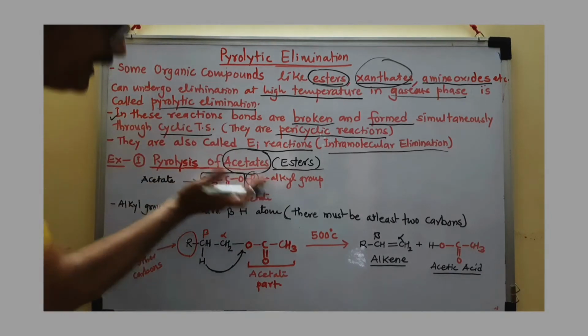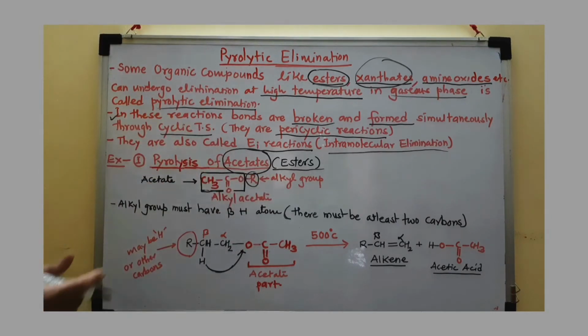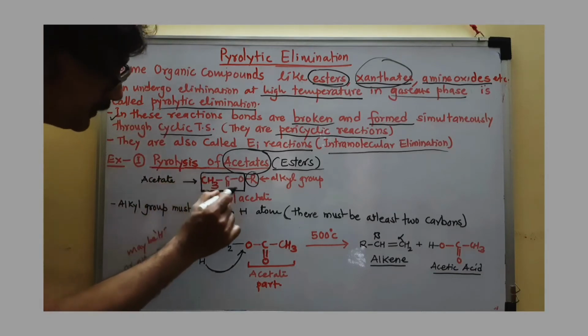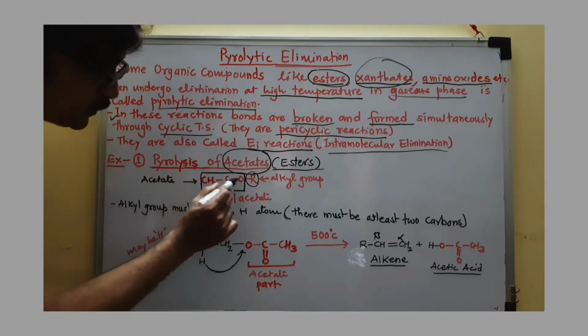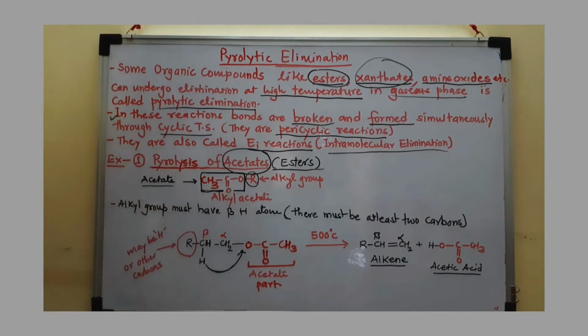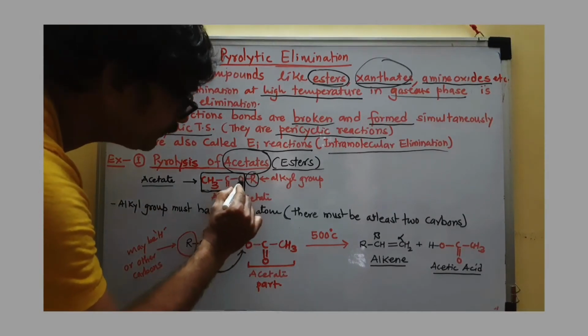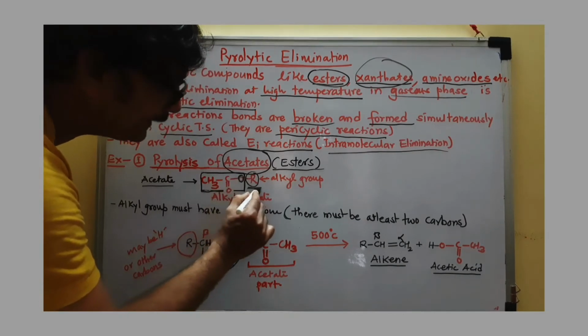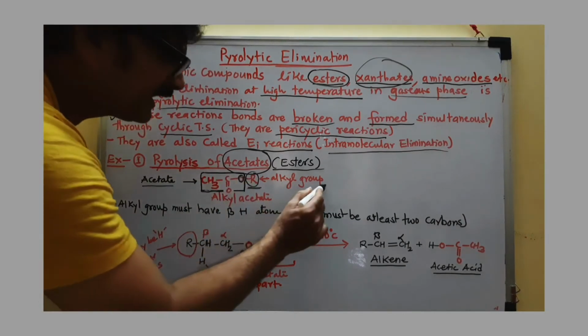So we need an alkyl acetate for this pyrolysis reaction. You remember very well that this portion, CH3COO up to this O, is the acetate part, and whatever group is attached to the oxygen is called the alkyl group.